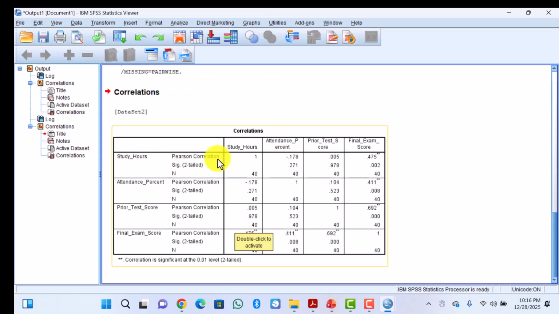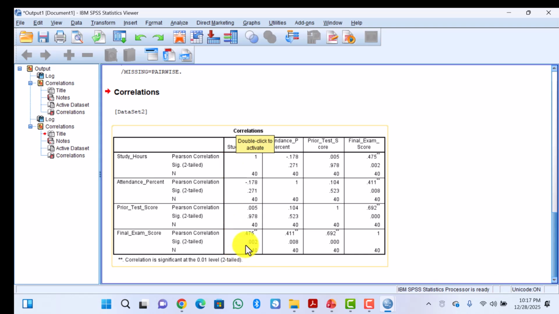Looking critically at the result, this is the relationship between final exam score and study hour. Look at it. The study hour is 0.475, the R value is positive and it is significant. So study hour should be in the model. It's eligible to be in the model.